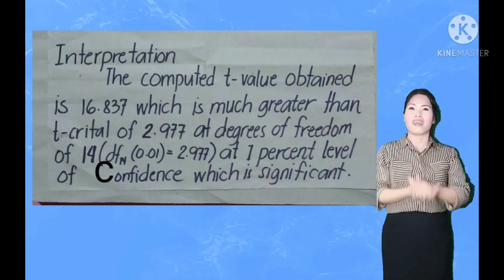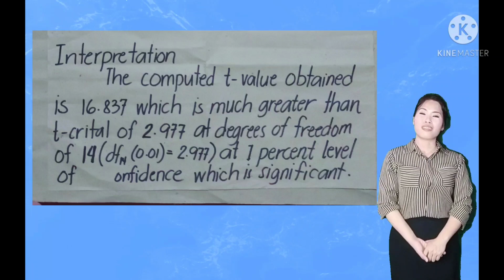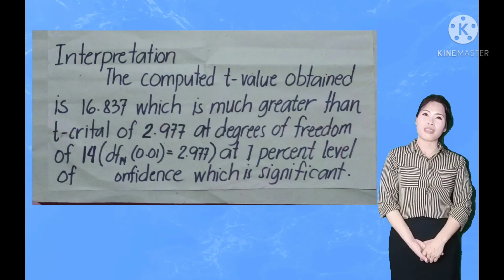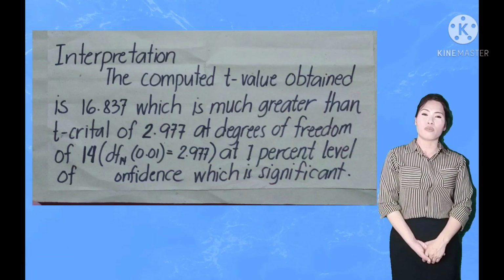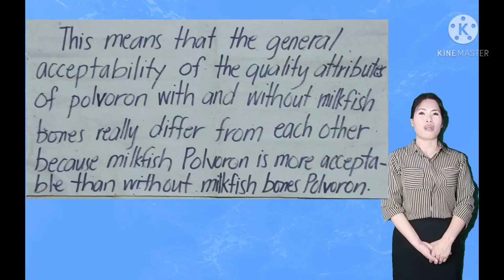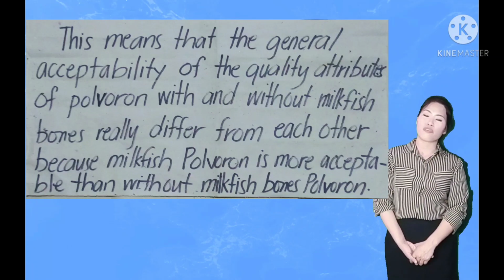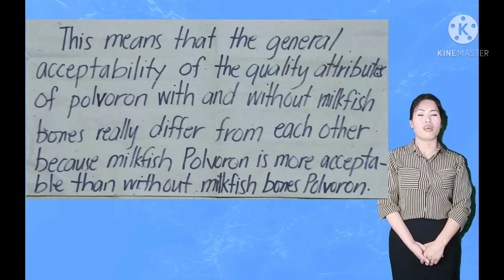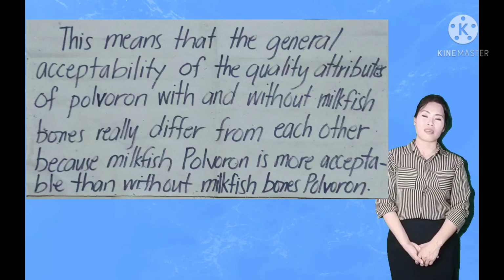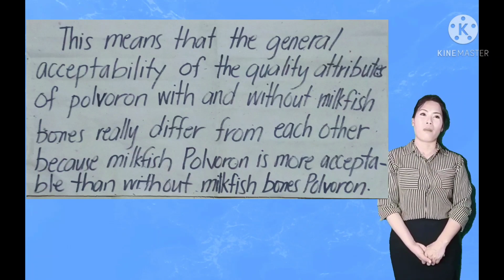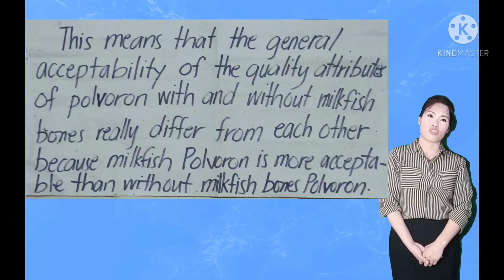So that is why it is significant. This means that the general acceptability of the quality attributes of pulveron with and without milkfish bones really differ from each other, because pulveron with milkfish bones is more acceptable than pulveron without milkfish bones.